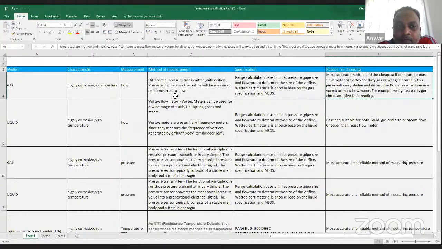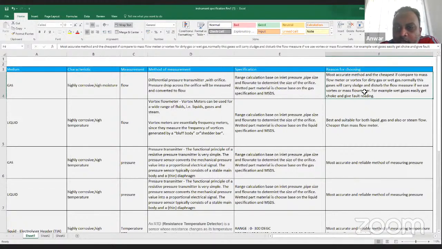The gas I mentioned just now is highly corrosive, with high moisture and high temperature, so we treat this as a dirty gas or wet gas. Normally this gas will carry sludge from the piping. You will have slight deterioration and scaling that will be carried over with the gas, and it will disturb the flow measurement if we use a vortex or mass flow meter.